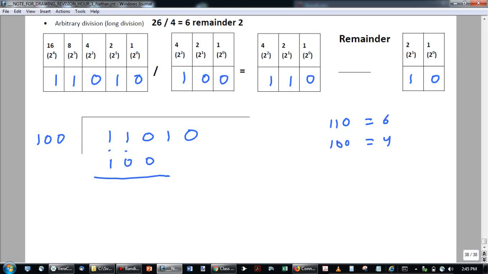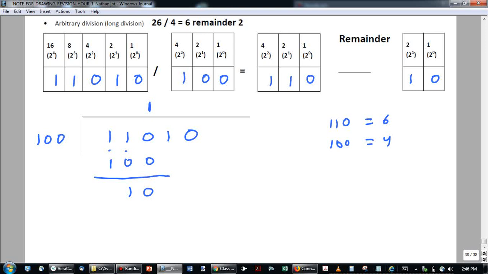So how many times does it fit? It fits once. And I'll put the 1 above the last digit that I've been using, so there's a 1 there. And what's the remainder? 6 minus 4. 2. Remainder is 2.